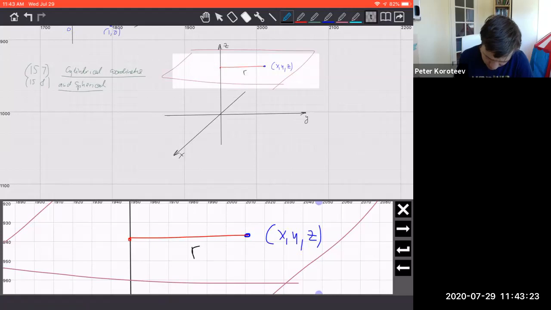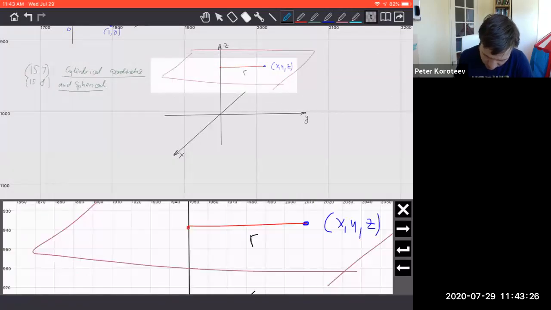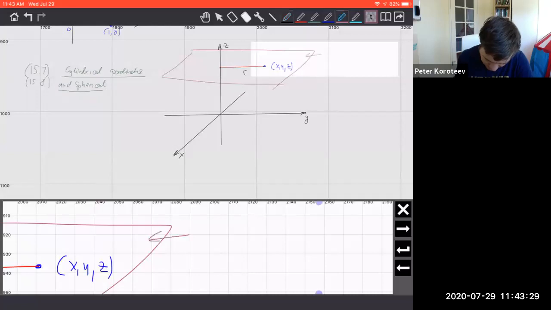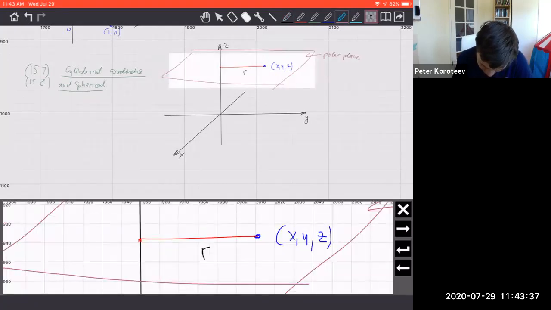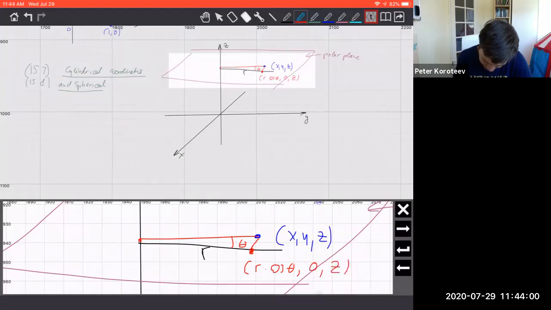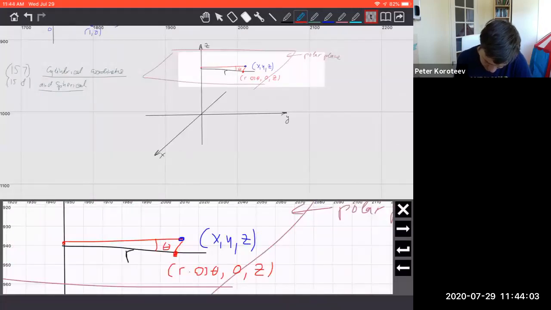And then you will treat this plane as the polar plane. So you have a polar axis, polar angle theta, right? And then this point will have coordinates r cosine theta, 0, z.